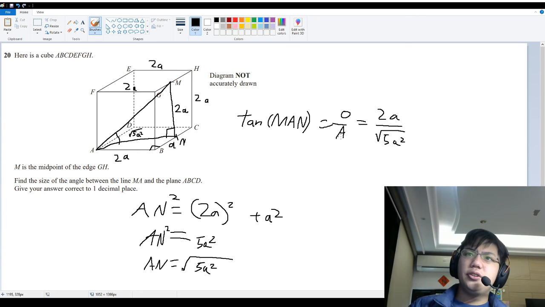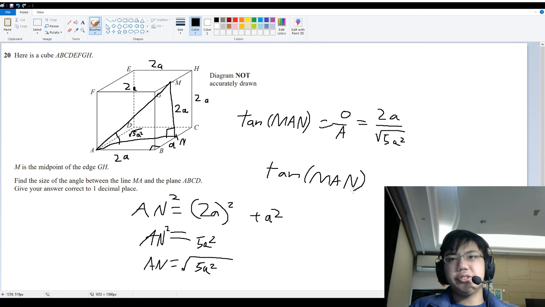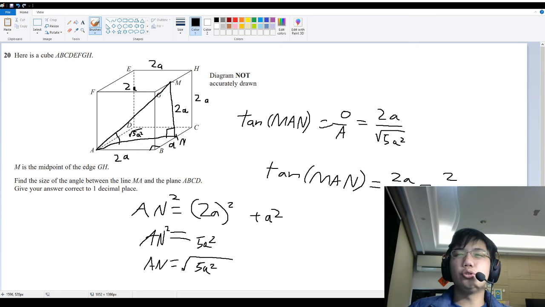To calculate the size of this angle, we factorize out the a. So 2a over a square root 5 can be factorized as 2 over square root 5.